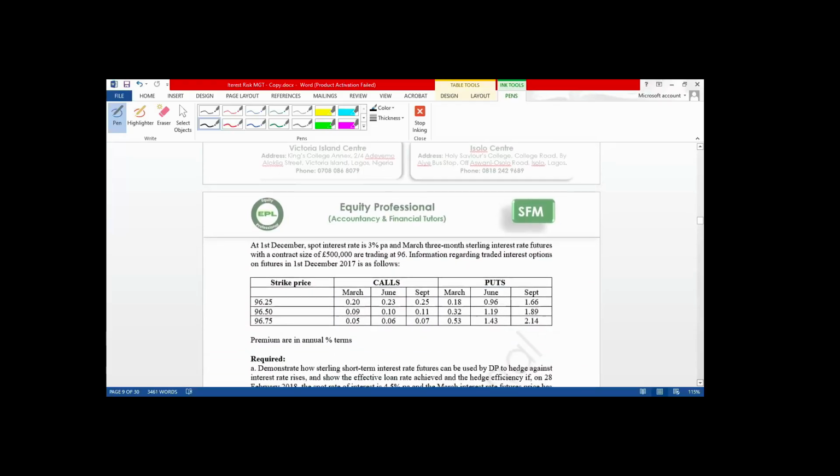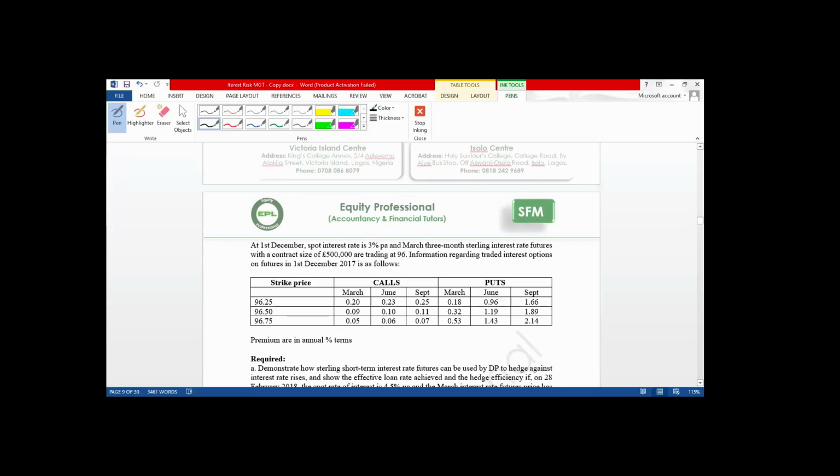At 1st December, spot interest rate is 3% per annum. That is, assuming we are borrowing in December now, the interest rate we are going to pay is 3% per annum.